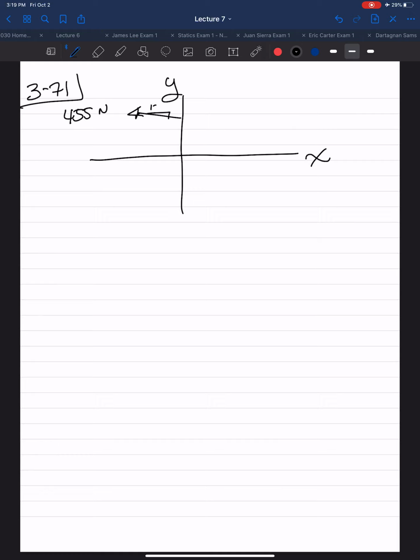This is 12, 5, 13. And we have some force here. This is 60 degrees. This is 600 newtons. The origin, point O.